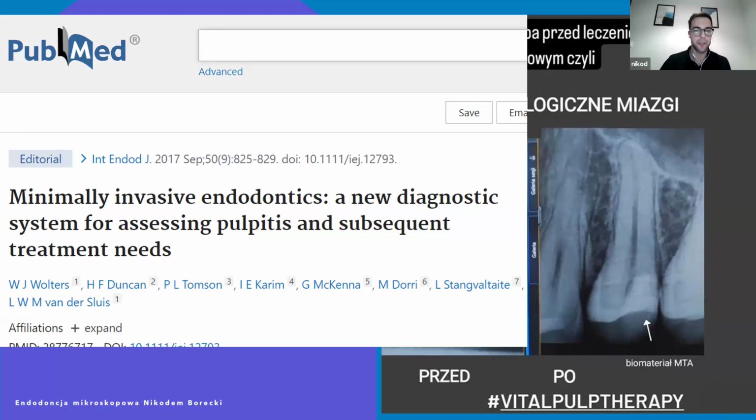So now we have a new diagnostic system, and we can say that we have initial, mild, moderate, and severe pulpitis. In the old one, we had reversible and irreversible pulpitis. So it changed.